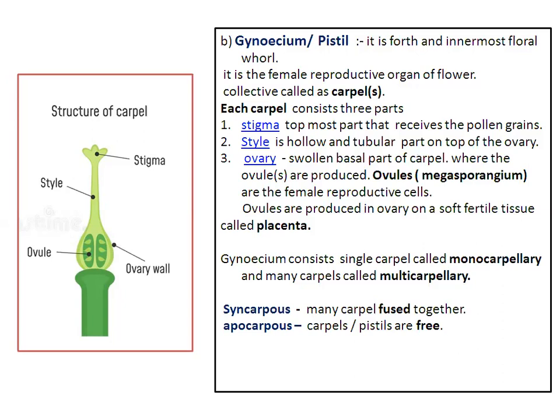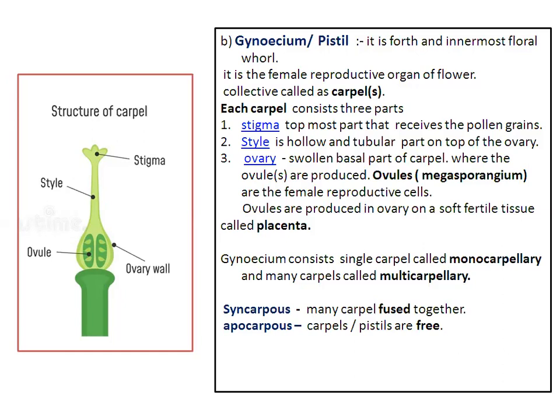See the typical structure of a carpel. Whenever a question is asked in the exam to describe the structure of a typical carpel or stamen, you must draw the labelled diagram and then describe the parts.